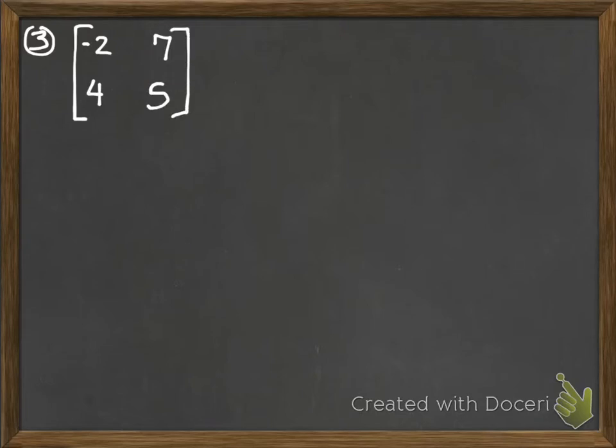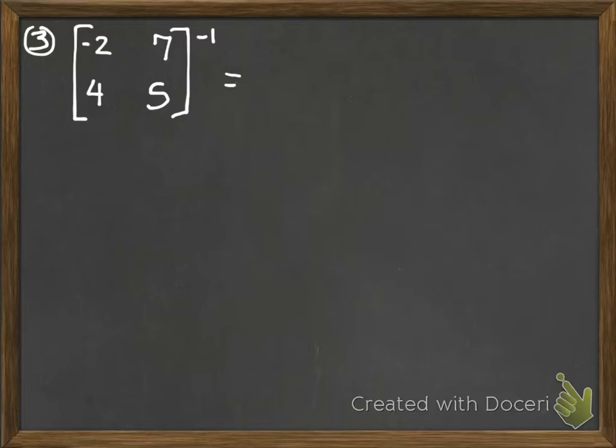Let's do one more where we actually can find it. And we're going to do the inverse of negative 2, 7, 4, and 5. What do I need to do for step 1? Find the ups and downs for the determinant.